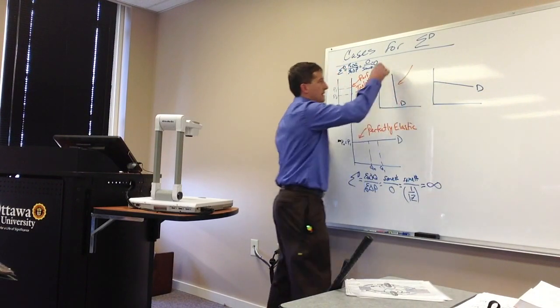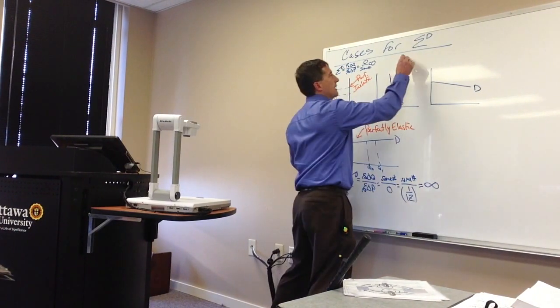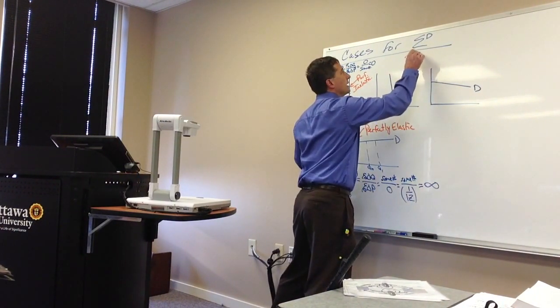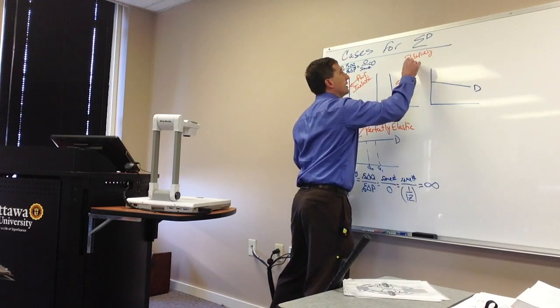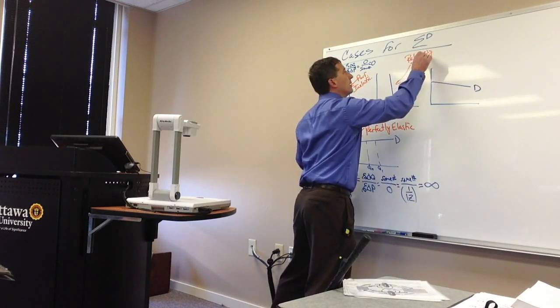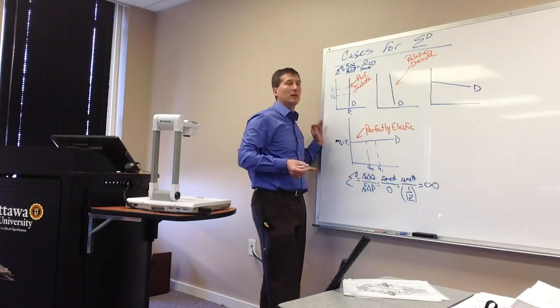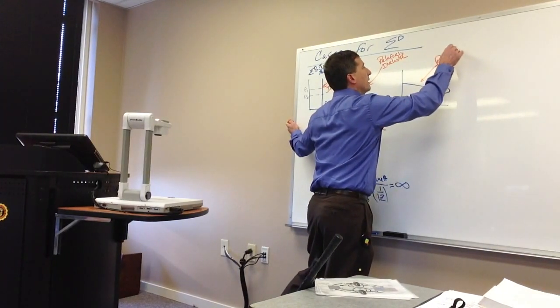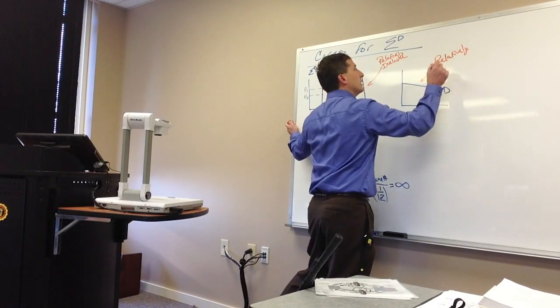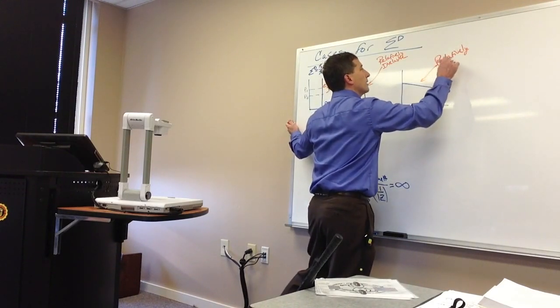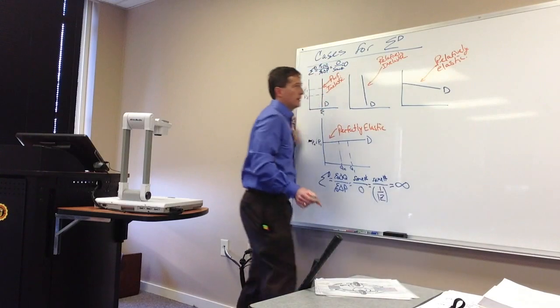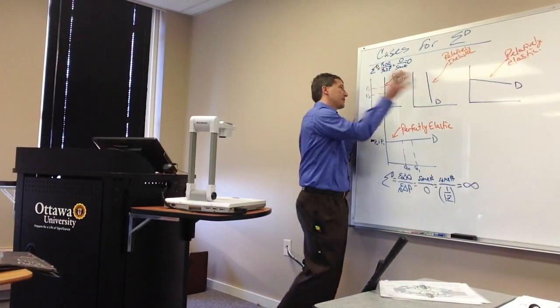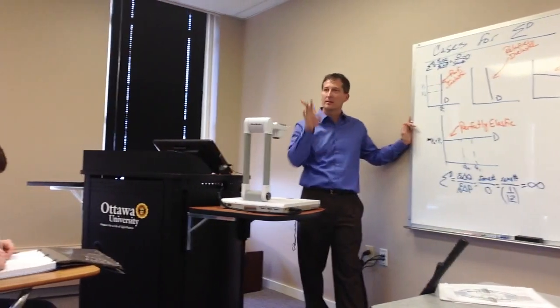When it's real steep, we'd probably say that this is relatively inelastic. And this curve would probably be relatively elastic. So it's pretty flat, or pretty steep, if we start thinking about slopes that way.